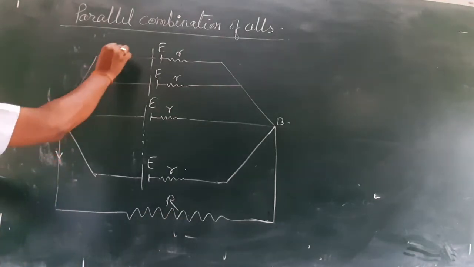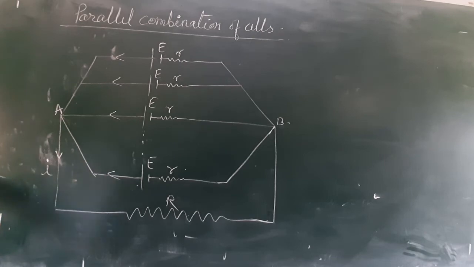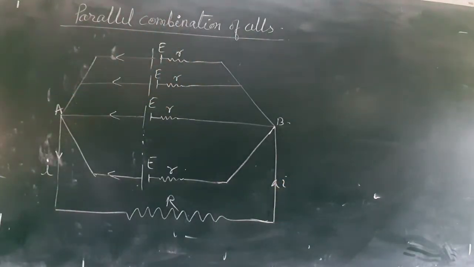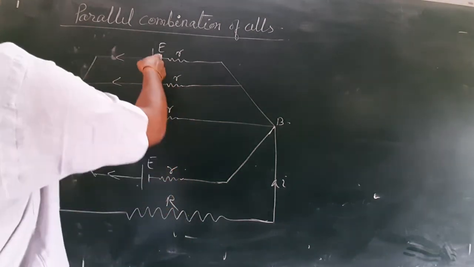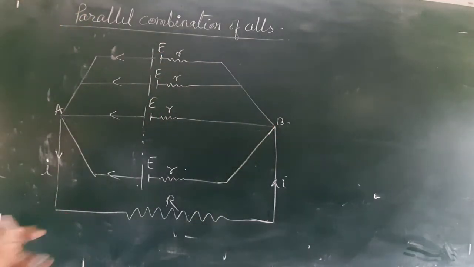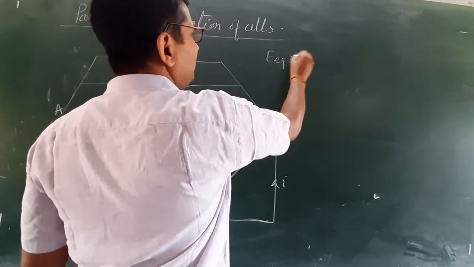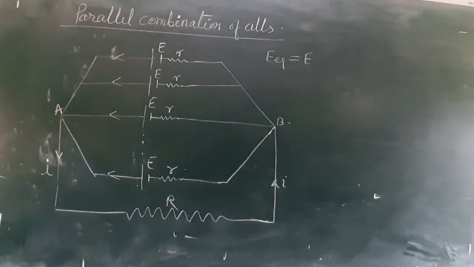Now, all the cells are supplying some current, and finally, this is the total current. So, we have to find the current in the circuit. From here, what are you seeing? All the cells are connected in parallel, and in parallel the potential difference is the same. Therefore, the equivalent EMF of this combination will be equal to the EMF of a single cell.